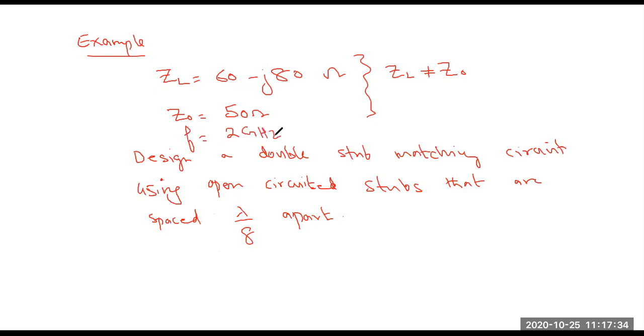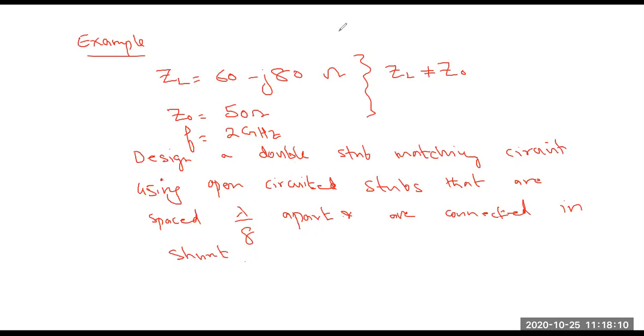We need to design this circuit for 2 gigahertz. So this is the information that is given to us. Let's also confirm: a double stub matching circuit using open circuited stubs that are lambda by 8 distance apart and are connected in shunt configuration.